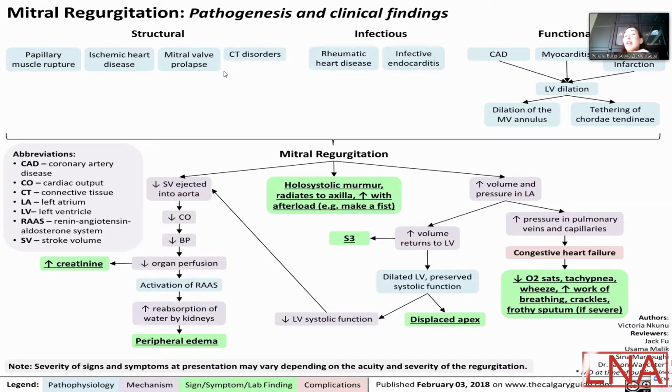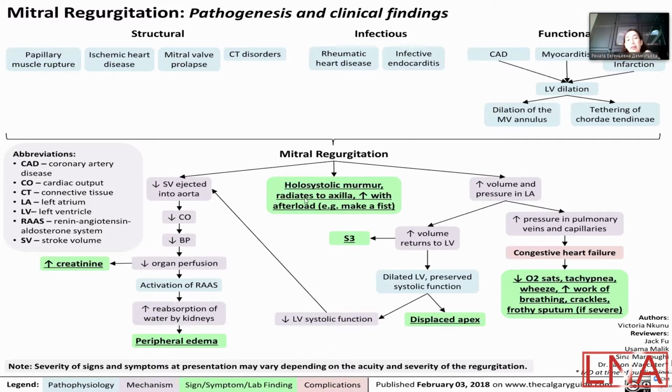It can be functional mitral valve insufficiency in case of coronary artery disease, myocardial infarction, heart failure, leading to dilatation of the chamber of the left ventricle, leading to dilatation of the fibrous ring, leading to development of relative mitral insufficiency. Mitral insufficiency or mitral regurgitation.